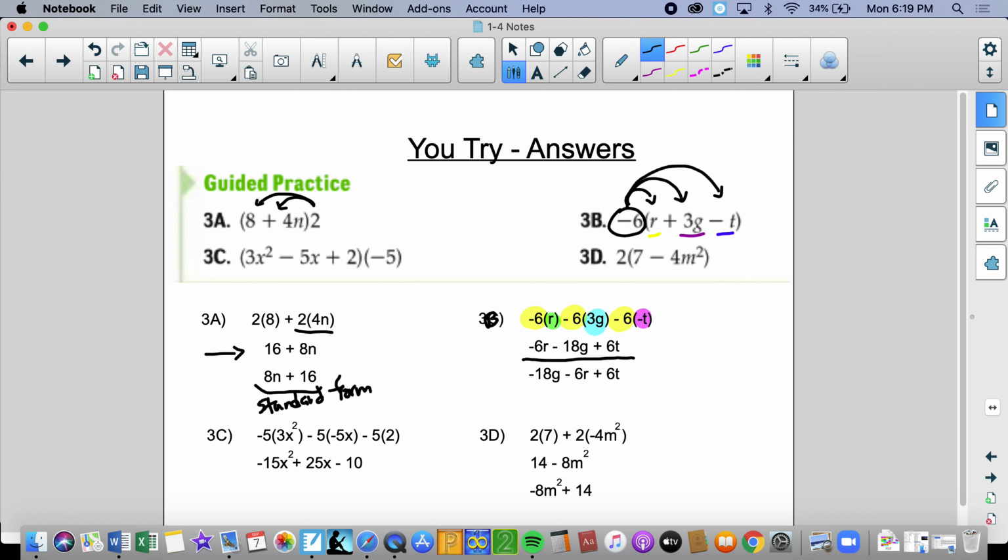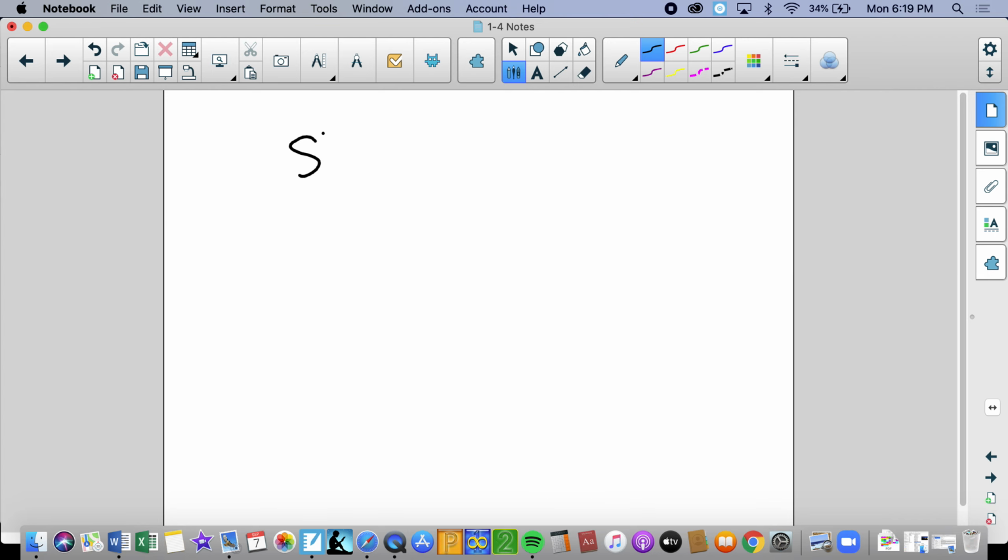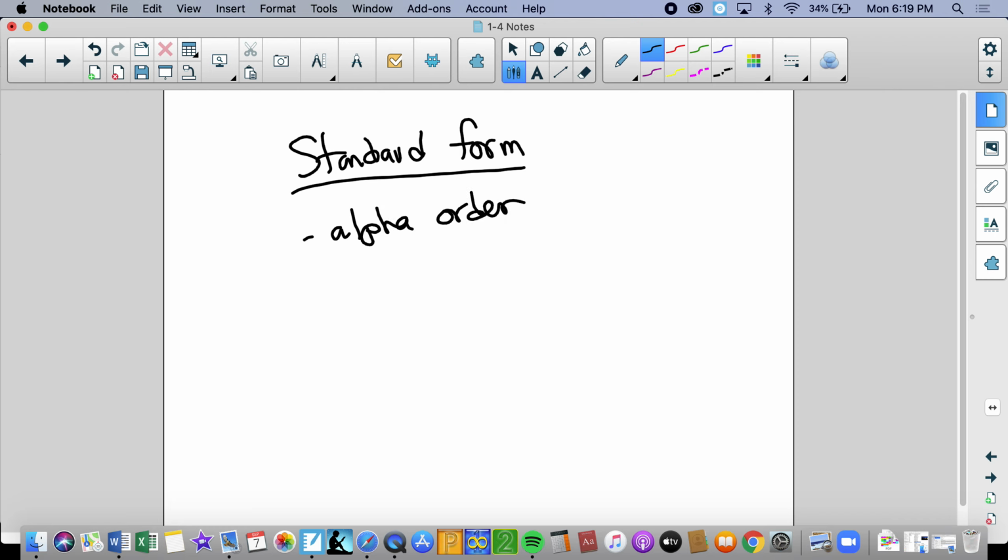Now, notice this is not in standard form. You have r, g, and t. So standard form is alphabetic order, and if same variable, biggest exponent first.